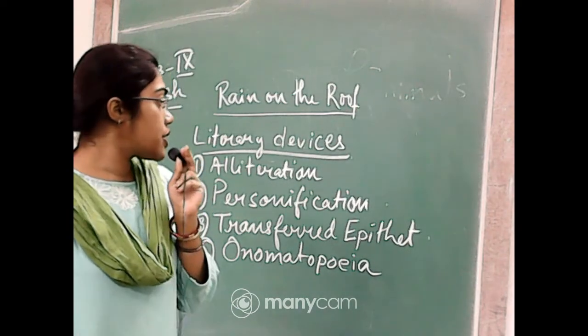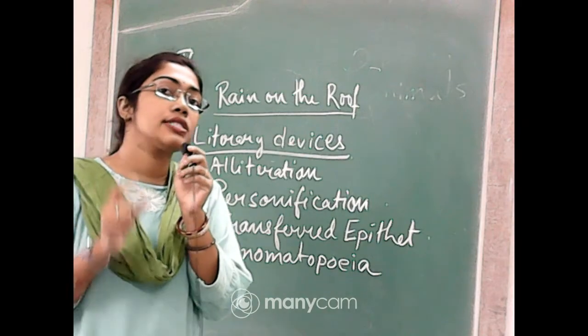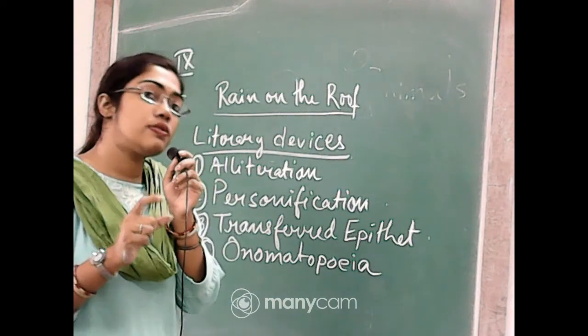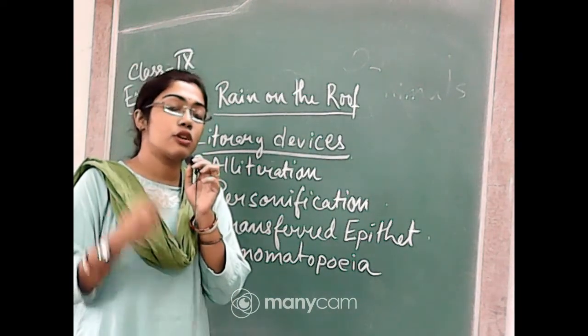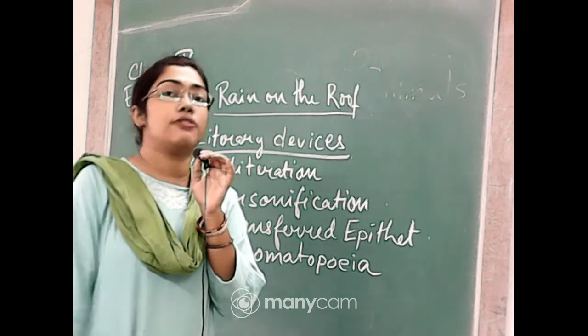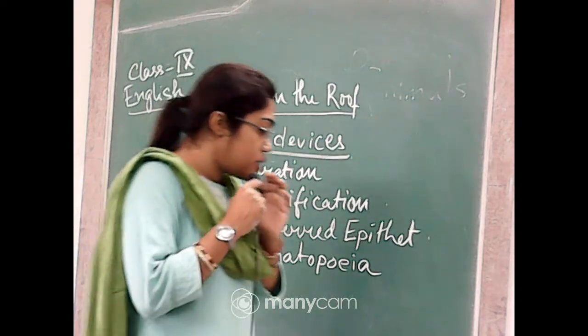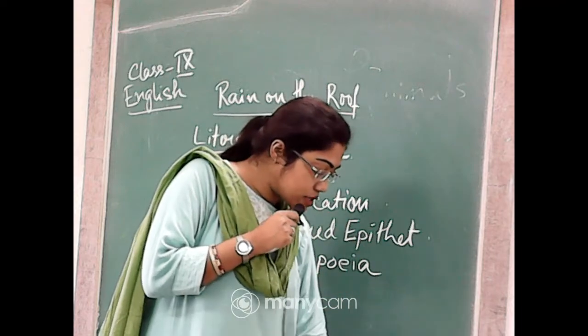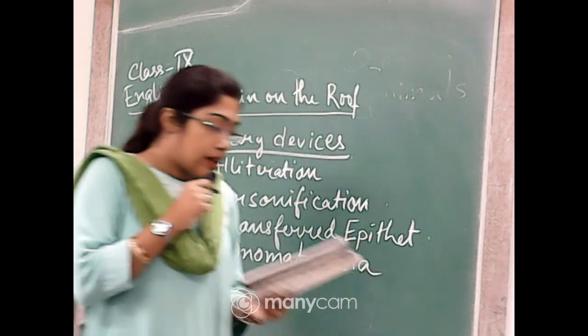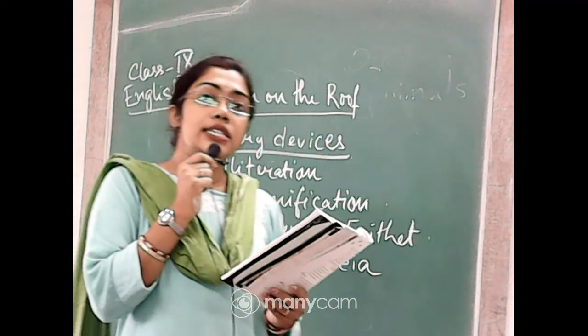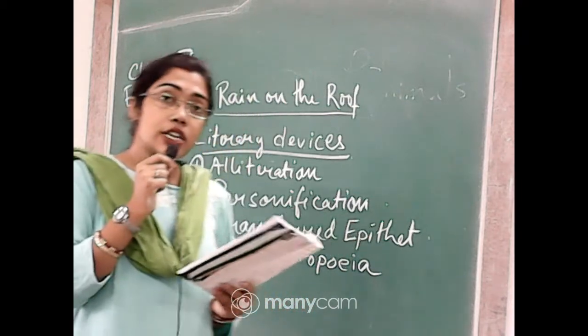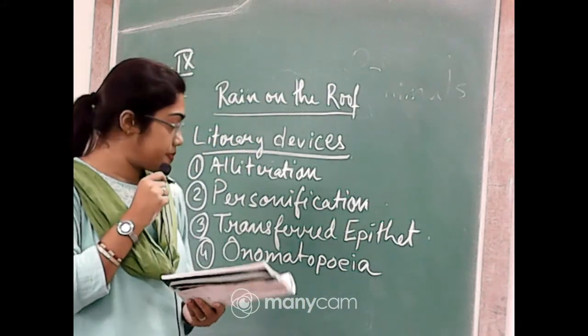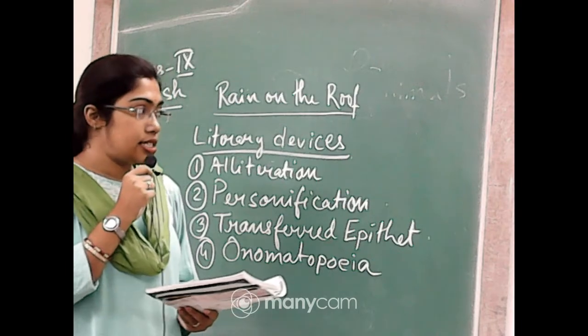So onomatopoeia means the word is having a sound effect. The word which is pronounced is also having that equal sound effect. So there are two words like that used here. One is patter, P-A-T-T-E-R. Within quotation you will write patter.